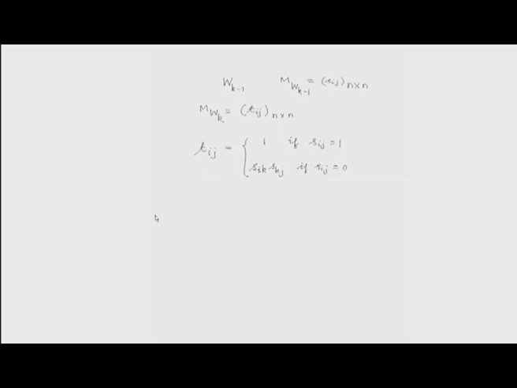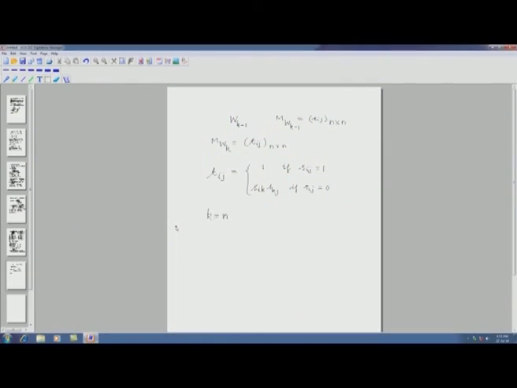If you use this rule and keep on computing matrices and ultimately come to k equal to n, in case the number of elements in A is n, the final matrix is going to be the matrix corresponding to the transitive closure of the relation that you are considering on the finite set A.